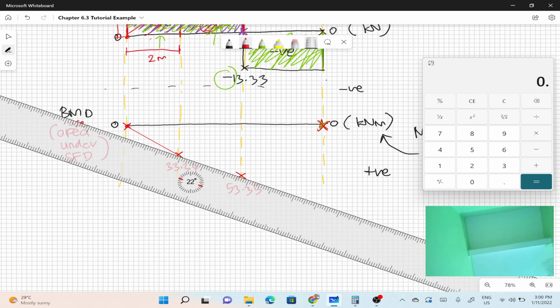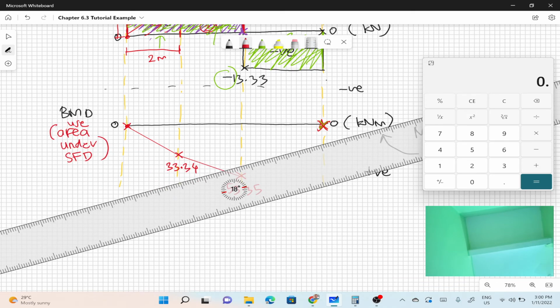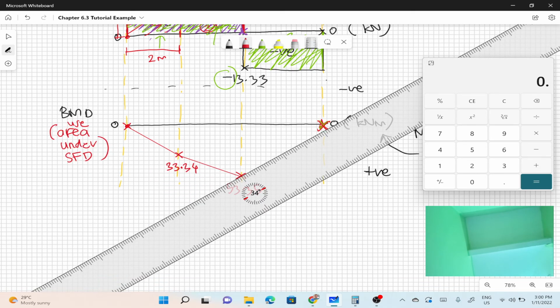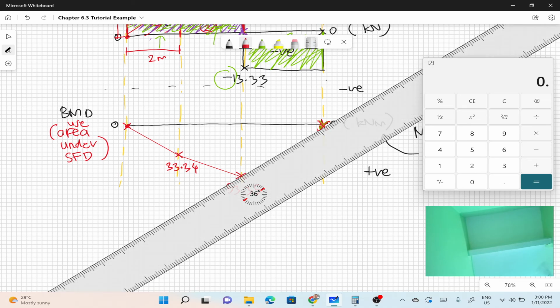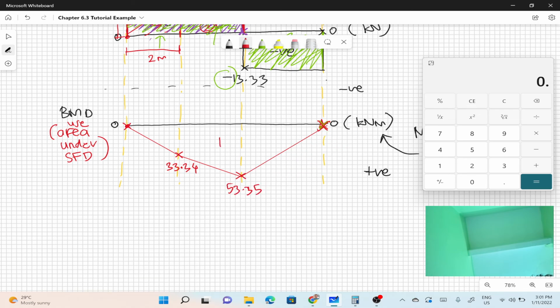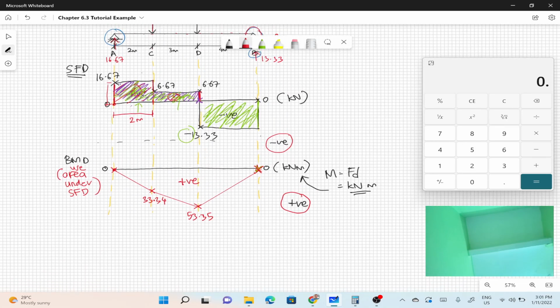Then just connect all the dots with a straight line. This is for the bending moment diagram. Then don't forget to label positive. Some of you might be confused, sir, is it negative because it's downward? As I said before, for the bending moment diagram we use positive going down and negative going up, for the bending moment diagram only. And that is your answer for the bending moment diagram.